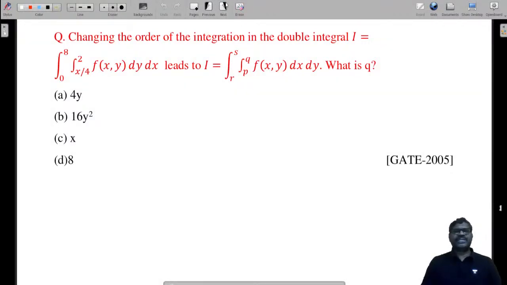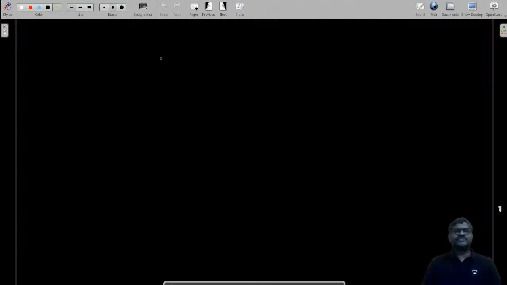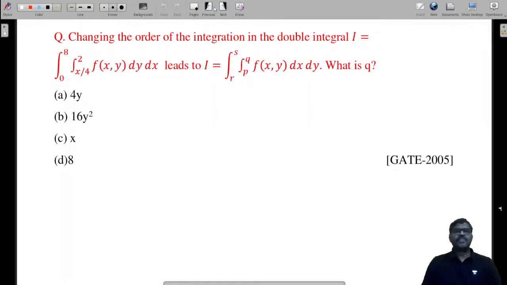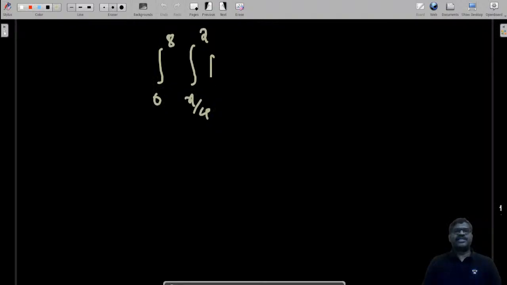Change the order of integration in the double integral from 0 to 8, x by 4 to 2, function of xy dy dx.